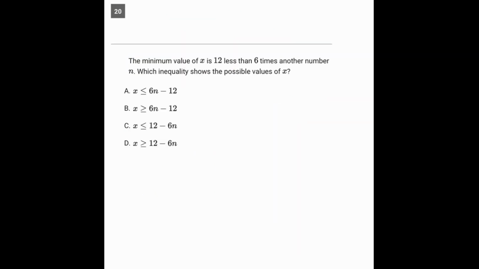Now going over to question 20. Here we have something of a complicated algebraic statement. And what makes it really complicated is the idea that we're talking about a minimum value, in other words, an inequality statement. So to make it simpler, let's just pretend for a moment that we're not seeing the inequality statement. We're just seeing x is 12 less than 6 times n.